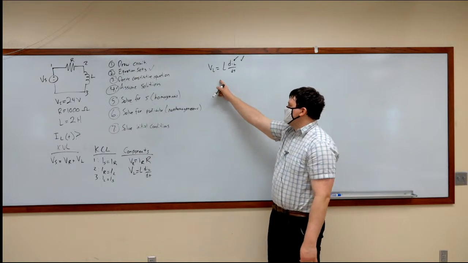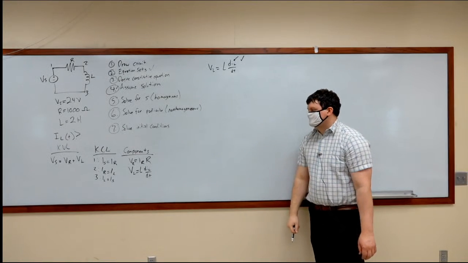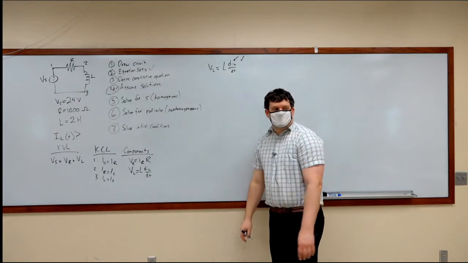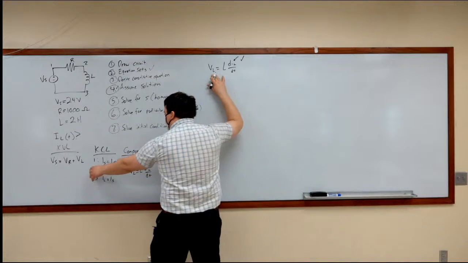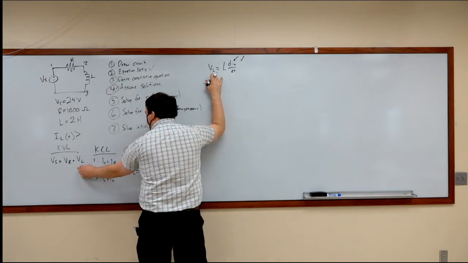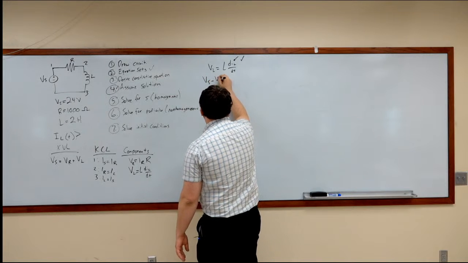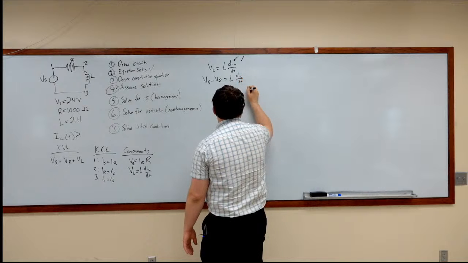So let's do that. What other equations do we have that has VL in it? That's the only other equation we have that has VL in it. So yeah, we're going to take this and we're going to plug in KVL equation number 1. Vs minus VR is equal to L dIL/dt.